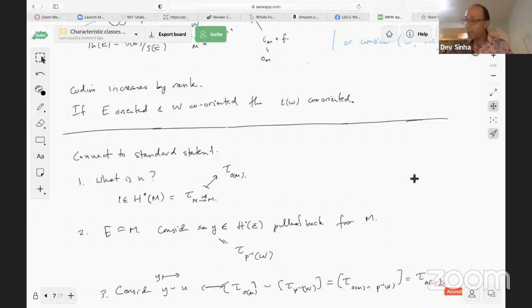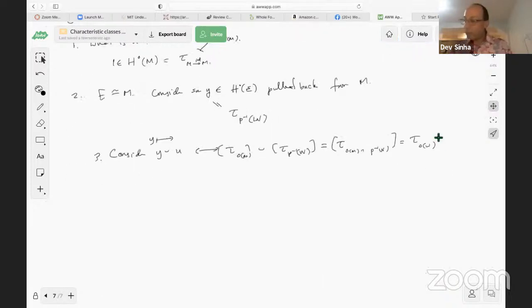A little sketch, if you want: locally, if this is the zero section of M, and I had some W, then the preimage of W, because the vector bundle is sitting over that, is P inverse of W, and the intersection of them both is, of course, just the zero image of W in M. That's pretty immediate, but I wanted to draw a picture anyway.